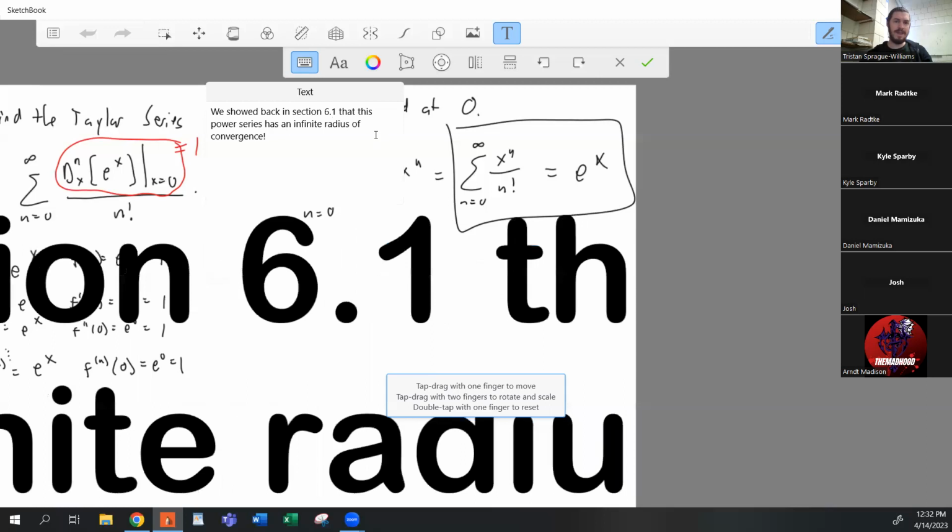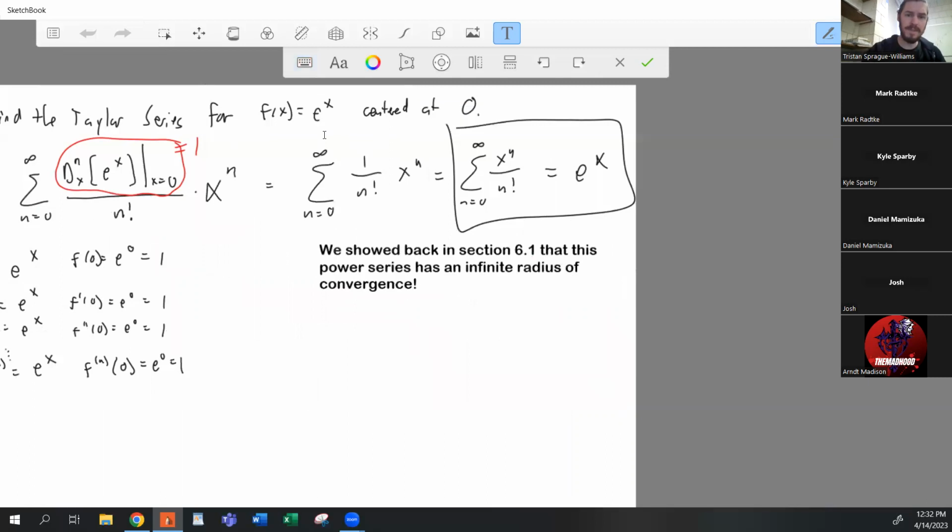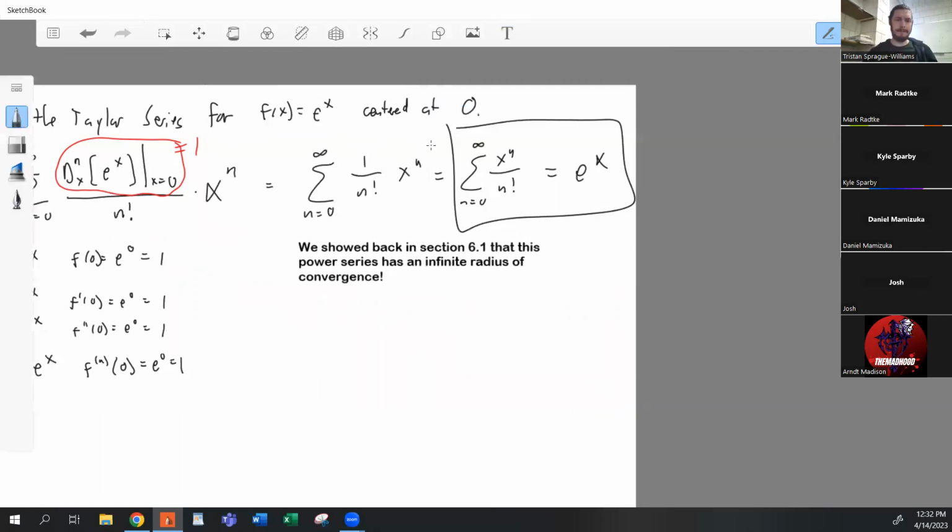Which means that it converges over all real numbers, right? It's basically the domain of the power series is everything, all x.